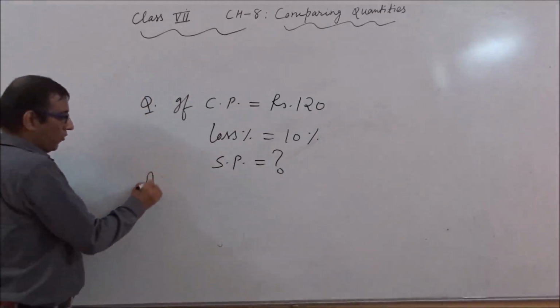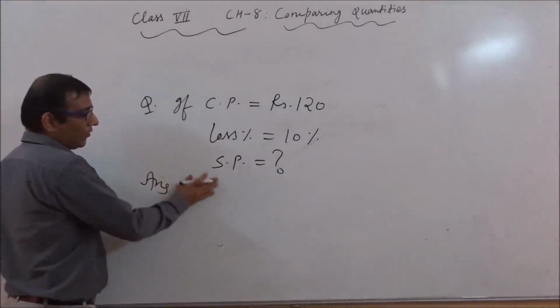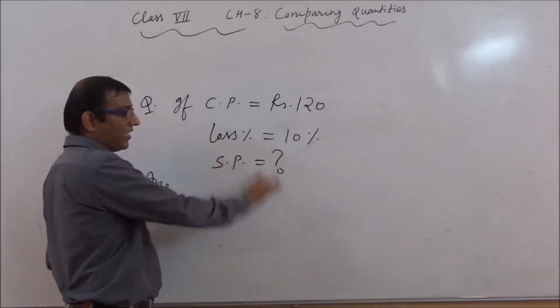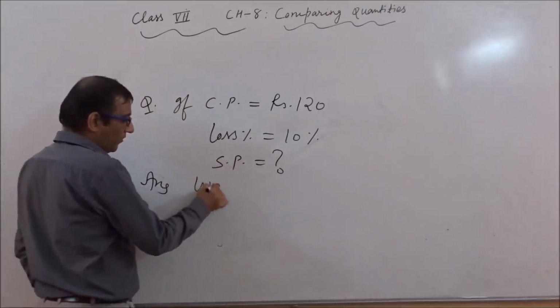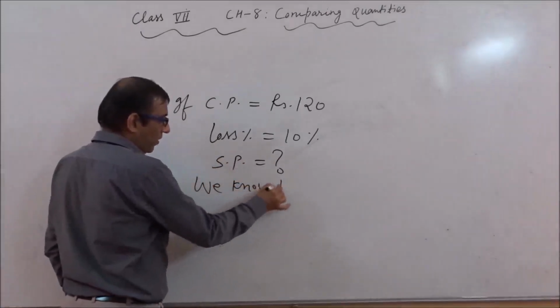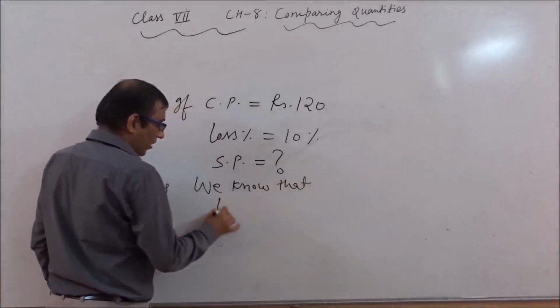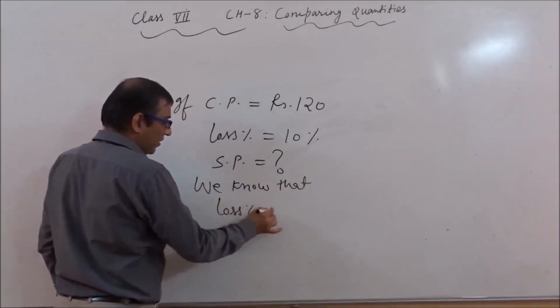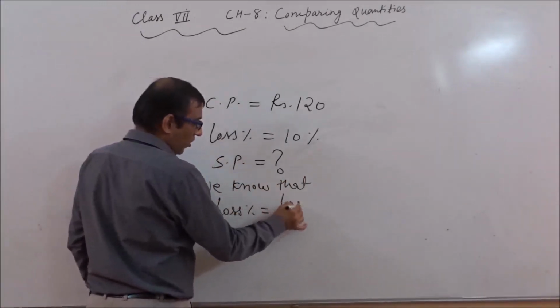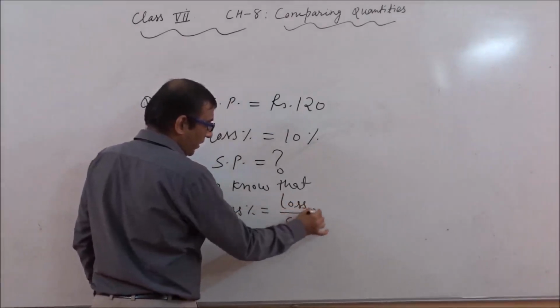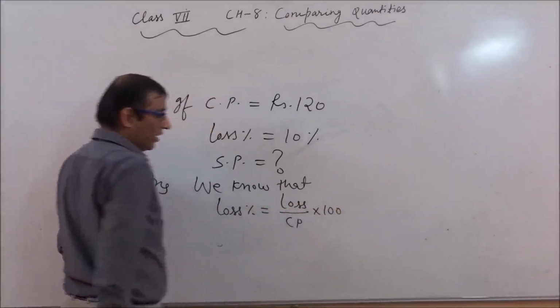So how will we solve it? We have to calculate selling price and the question is related with loss percentage. So first we will write down the formula of loss percentage. Loss percentage is loss upon CP into 100.